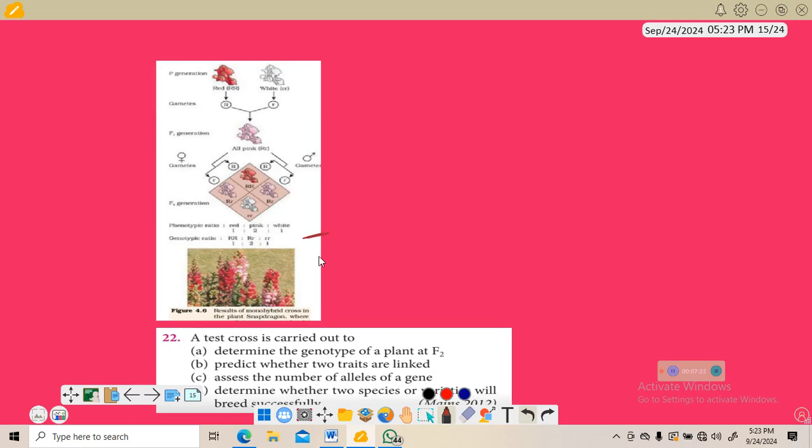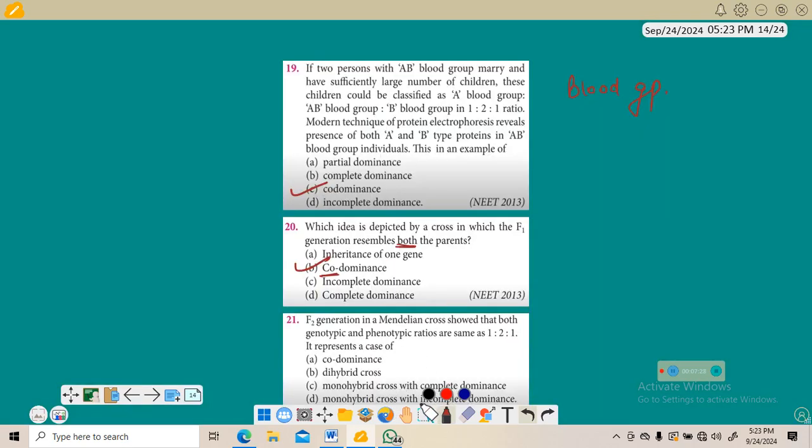This is a 1:1 ratio. So this is a monohybrid cross with incomplete dominance. It cannot be there if we have to talk about blood grouping.